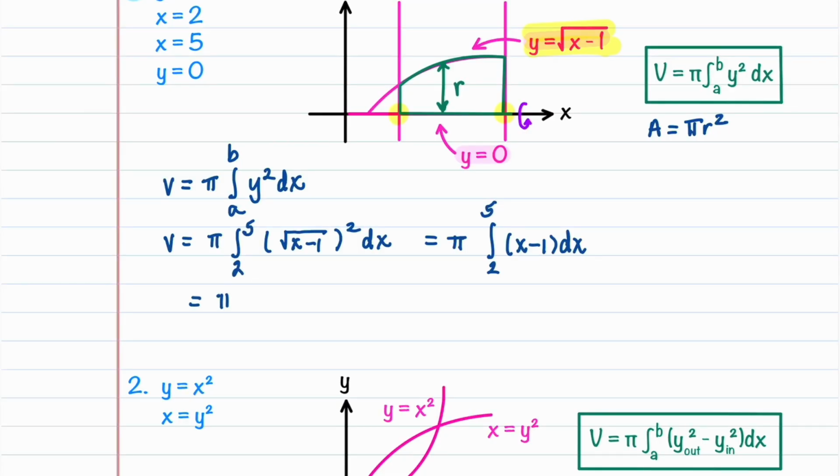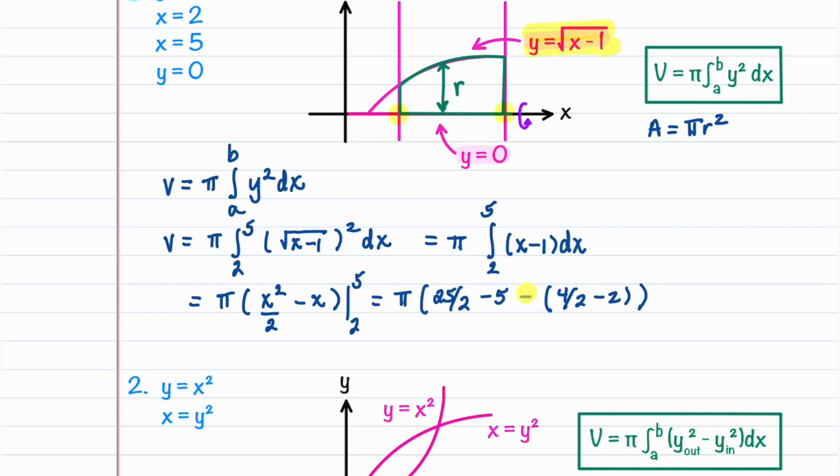This is equal to pi times the integral of x, which is x squared over 2, minus the integral of 1, which is x, and we're going to evaluate this from 2 to 5. This is equal to 25 over 2 minus 5, minus the quantity 2 squared, which is 4, divided by 2, minus 2.